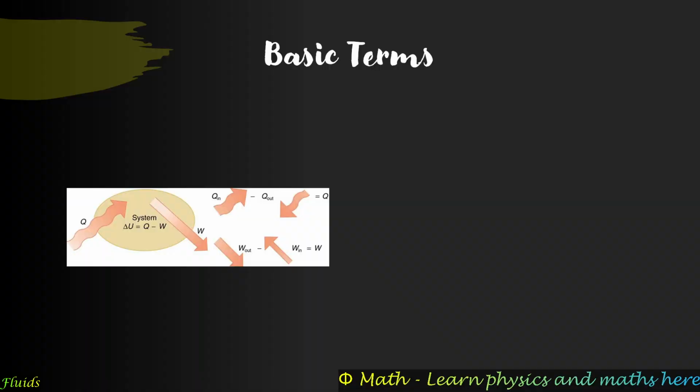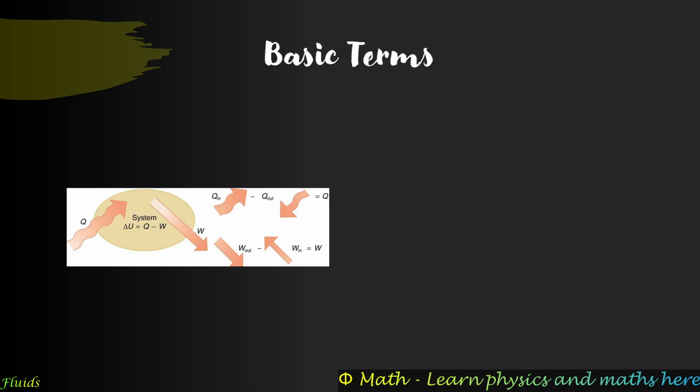Going back to system and surroundings, we get to know about thermodynamic equilibrium. This is the highest form of equilibrium, and any body is in thermodynamic equilibrium if it is in mechanical equilibrium, thermal equilibrium, and chemical equilibrium.